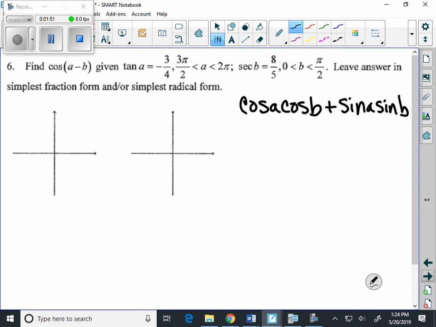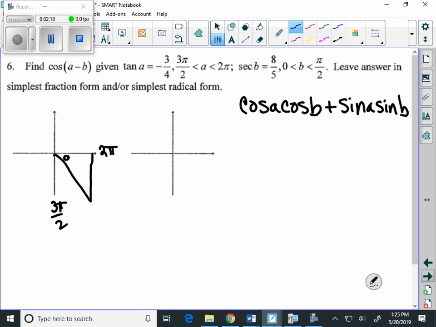So it says find cosine of A minus B given tangent of A equals negative 3/4 when A is between 3 pi over 2 and 2 pi. Well, if we take a close look here, here's 3 pi over 2. Then here's 2 pi. And remember, you're going to make your triangle look like a bow tie. So there's our part of the bow tie.